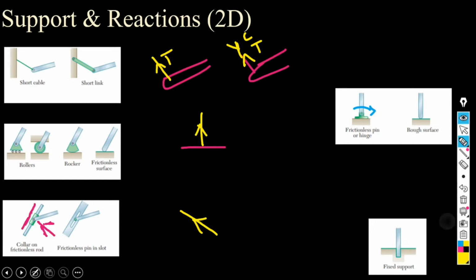The corresponding reaction forces are one in the vertical direction and one in the horizontal direction. It will be the same for the rough surface as well. And the last one, the fixed support, can also resist the moment. In this case, we have the corresponding reaction forces: one in the vertical direction, one in the horizontal, and one in the moment direction. We get 3 reaction forces in this case.